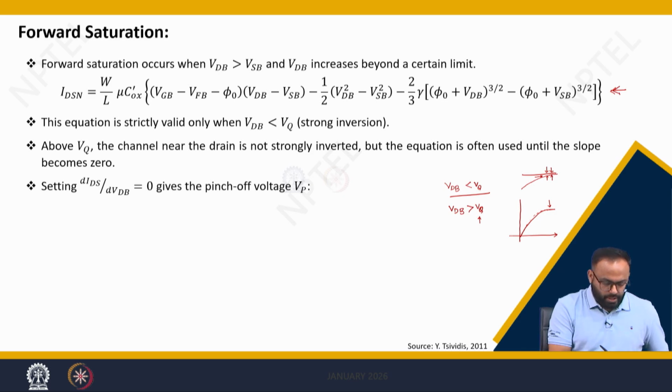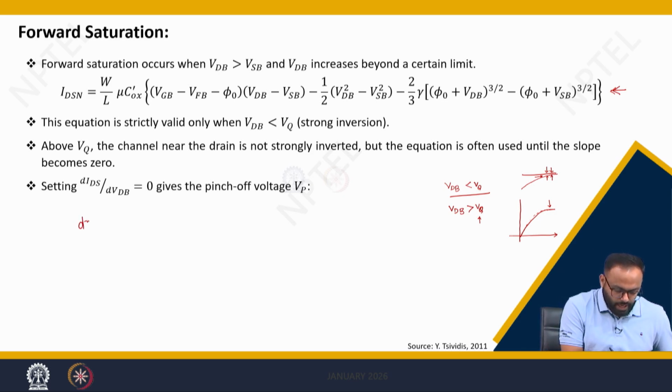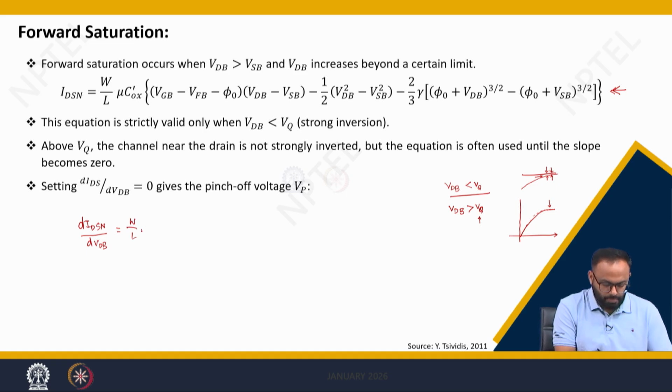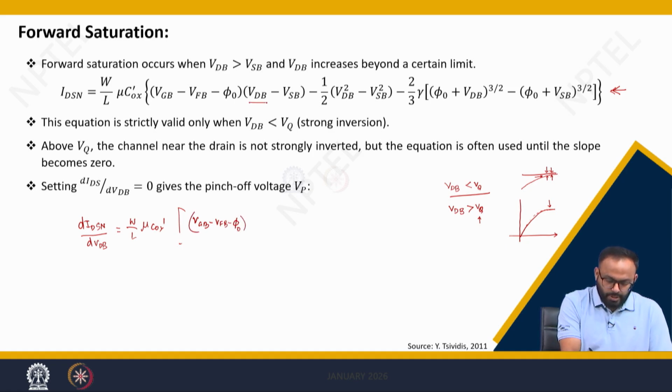We will use this equation and differentiate dIDSN by dVDB, which equals W divided by L, mu into COX dash into, if you differentiate the first term, you are left with VGB minus VFB minus phi naught with respect to VDB. So it is 1 minus half into 2 times VDB, correct.